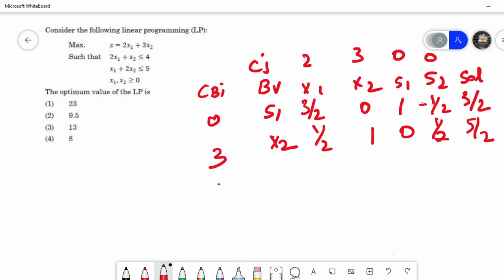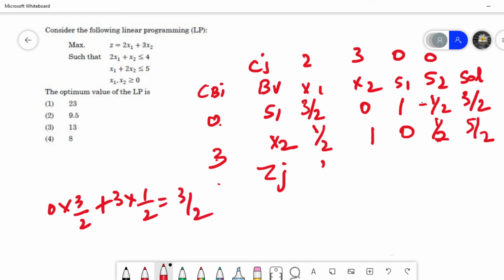So now we are going to calculate the Zj value. So Zj value is 0 into 3 by 2 plus 3 into 1 by 2. So that is 3 by 2. Then 0 into 0 plus 3 into 1, which is 3.